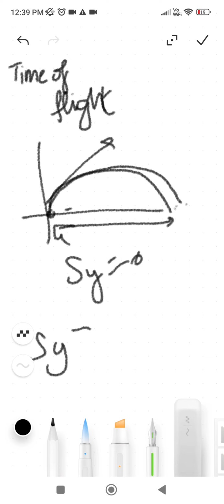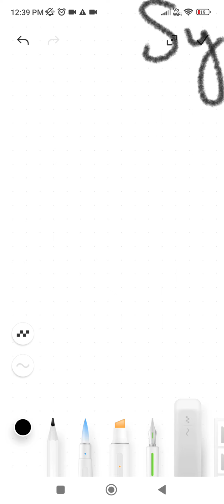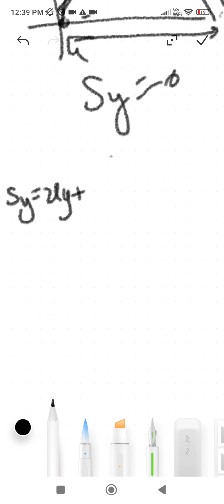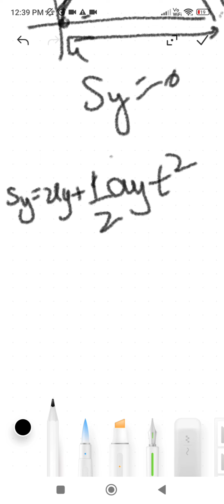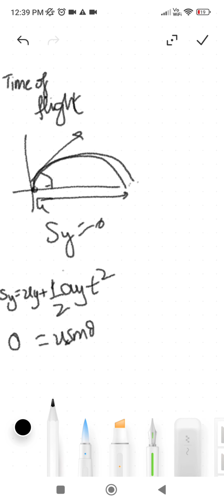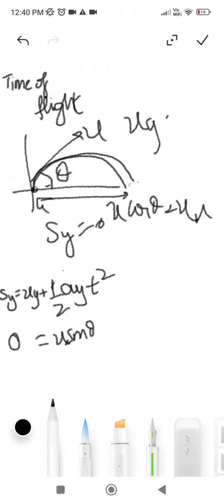Sy is equal to uy t plus half ay t square, right? Now since Sy is 0, I will keep it as 0, and along the y direction we have u sin theta, as we have shown in the previous case. In the previous case, with this angle theta, the velocity u cos theta is my x component, and the y component is u sin theta.